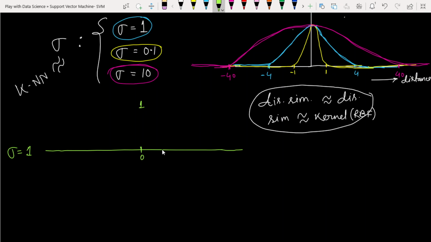For sigma equals 1, we are considering this neighborhood point, 4 minus 4. We are considering this point, and we are avoiding this point. After this point we have not considered. If we simply take sigma equals 1, we just consider this point. We are not taking this point.